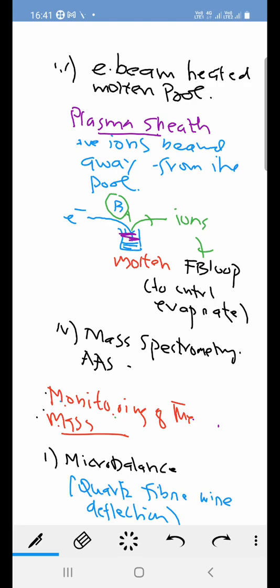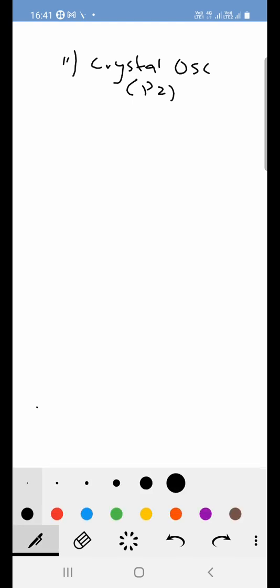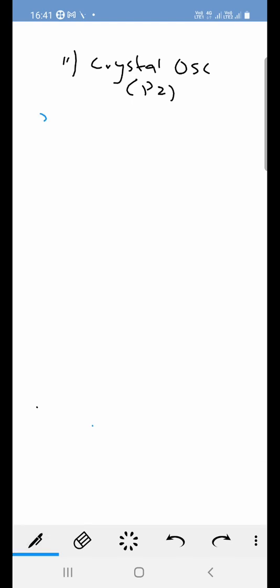The second method is using a crystal oscillator having piezoelectric properties. Here the resonant frequency by an AC field is inversely proportional to the crystal thickness.